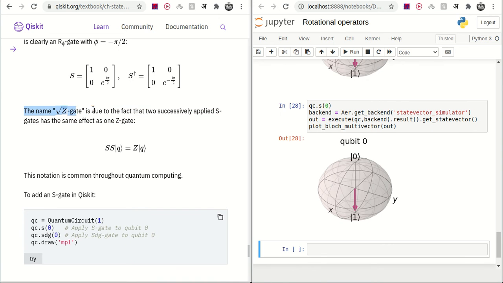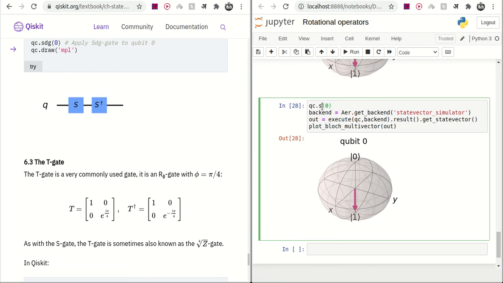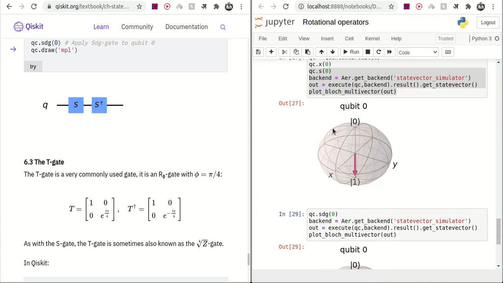The name root Z gate is due to the fact that two successively applied S gates are the same as one Z gate, so S squared equals Z. This notation is common throughout quantum computing. Just remember this. Also, if you want to apply S dagger, you can do that.